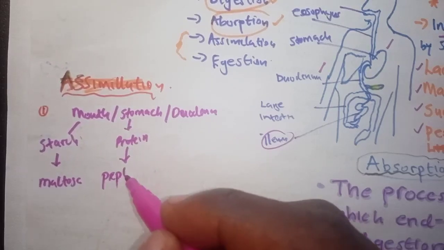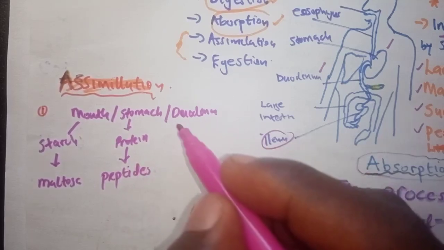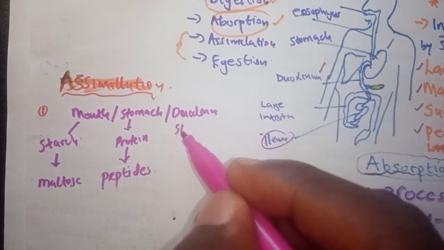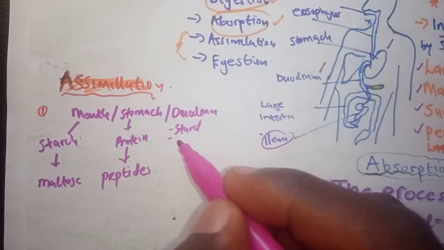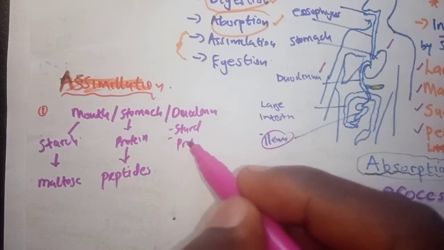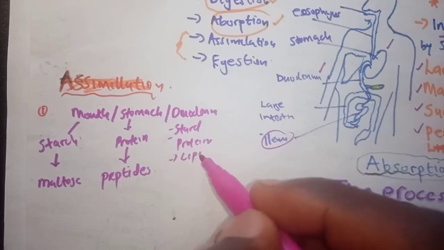And in the duodenum here we were breaking down starch. We also were breaking down proteins. We were also breaking down lipids.